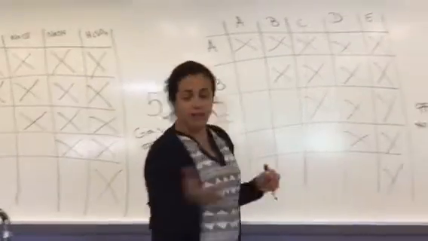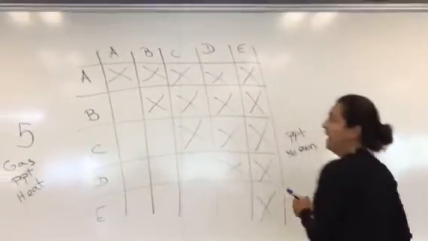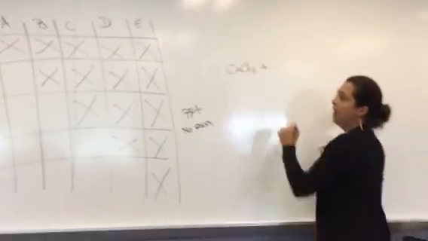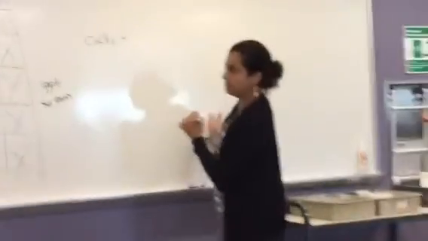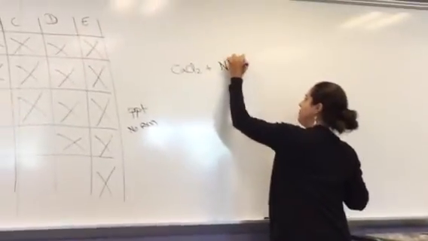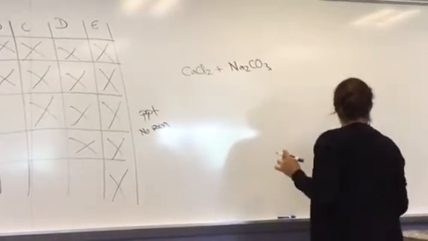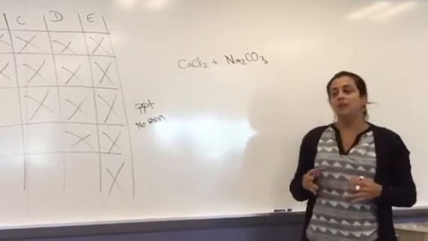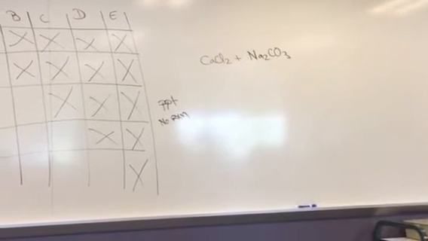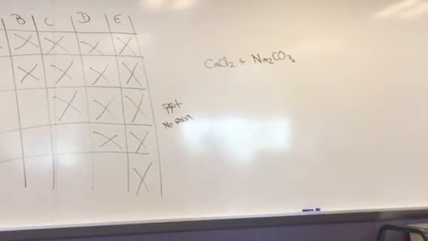All right, so we just did one of the experiments. What did we get? We mixed calcium chloride with sodium carbonate. For each one of these reactions that happen, that are going to be 5, like I say, you're going to do the following.